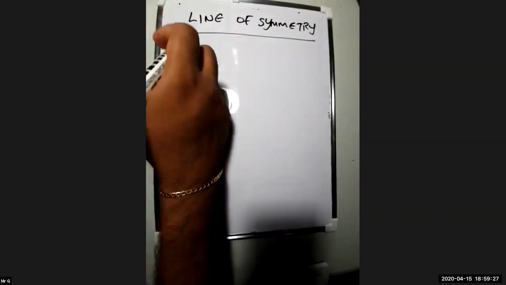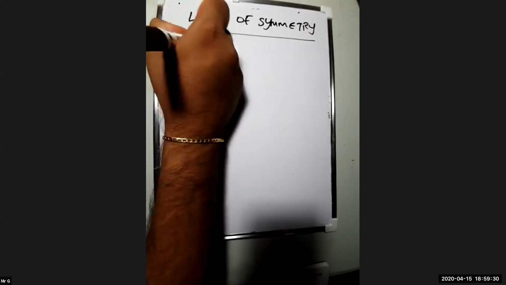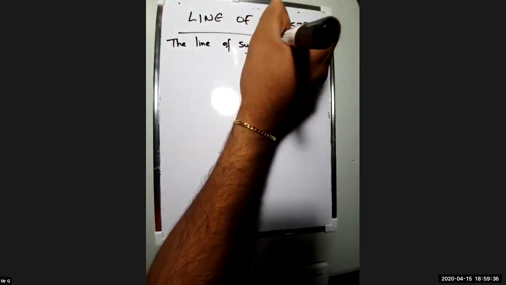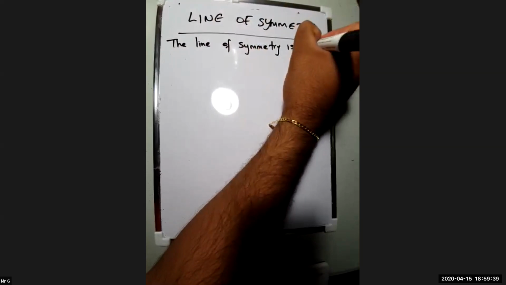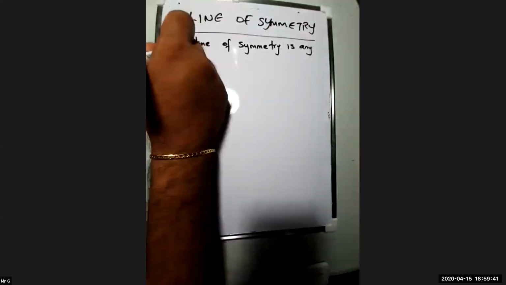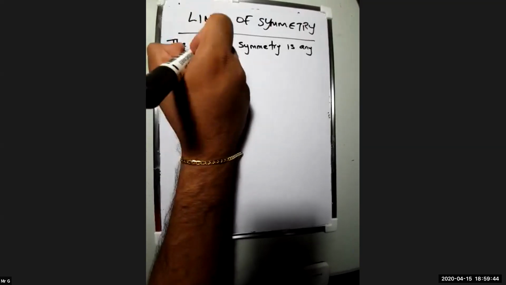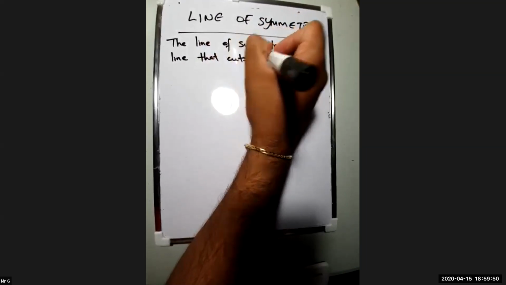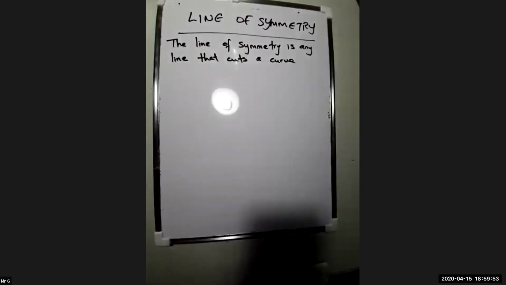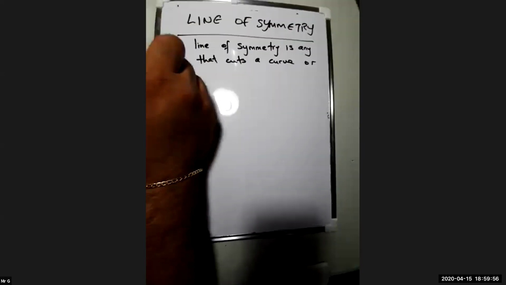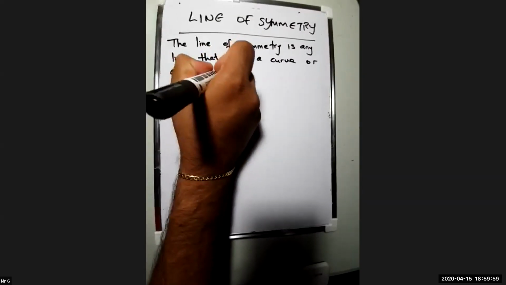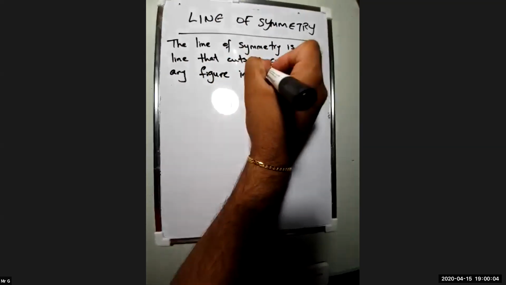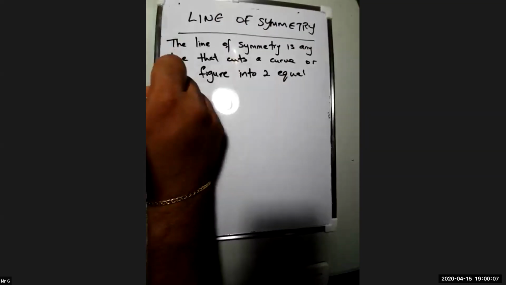Line of symmetry is any line that cuts a curve or any figure into two equal parts.